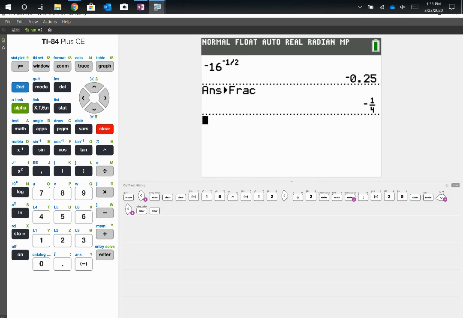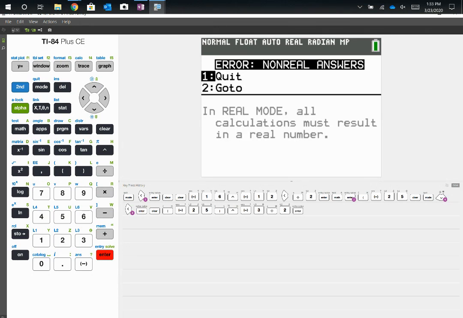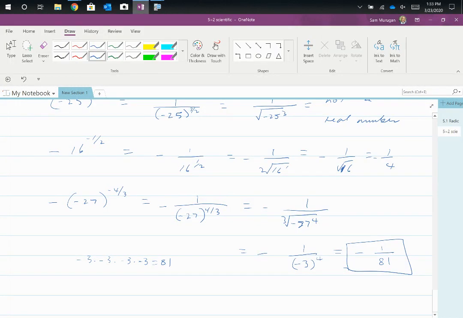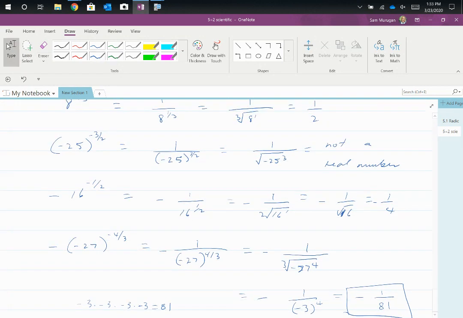So if I'm answering, say, negative 25 to the power negative 3 divided by 2, this is not a real number, so it will give me an error message and say non-real answers. Which is this problem right here, where we say it's not a real number.